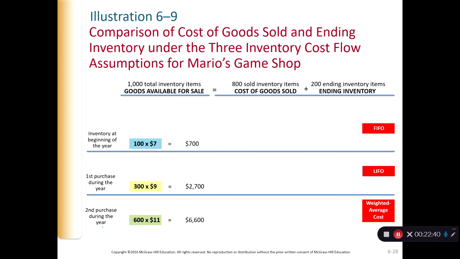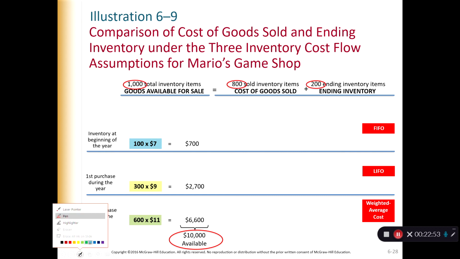The second purchase during the year is 600 units at $11 a piece, which is $6,600. So this is the whole goods available for sale situation, right? And we also know that 800 pieces were actually sold.